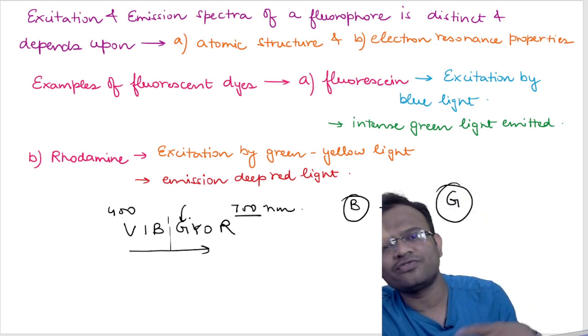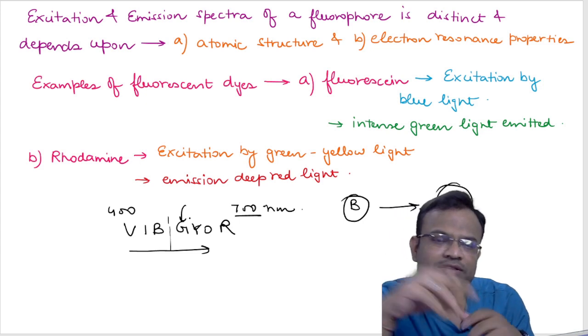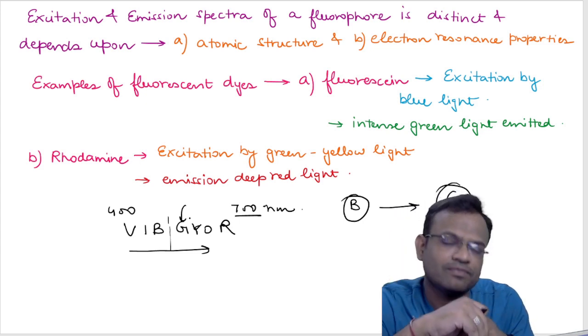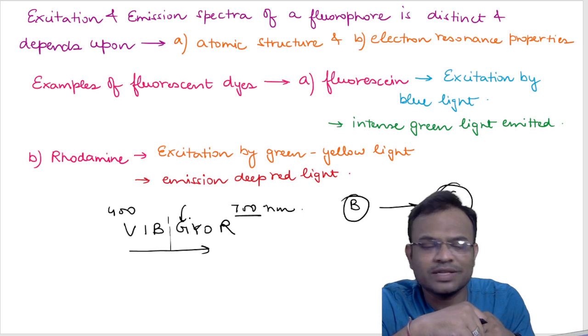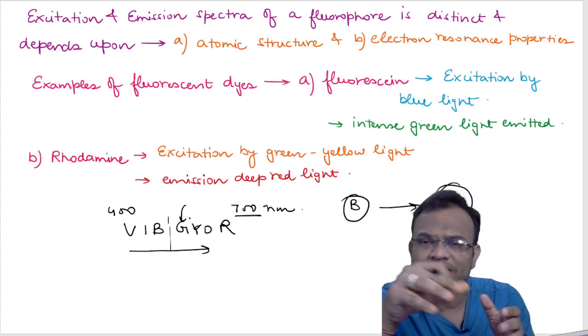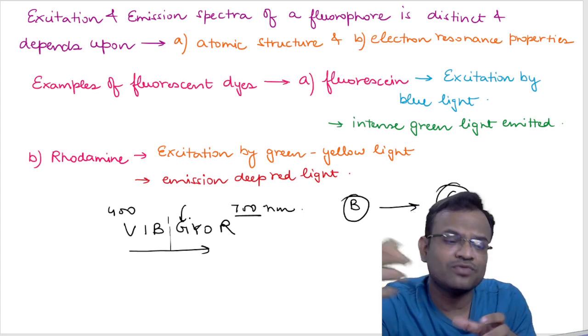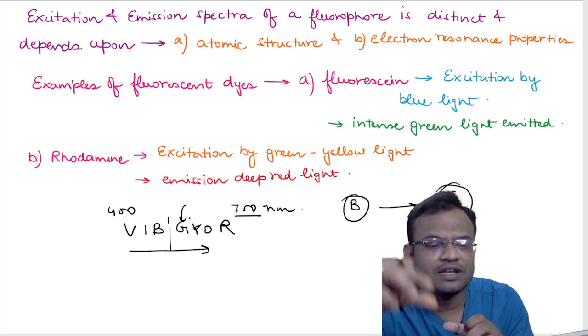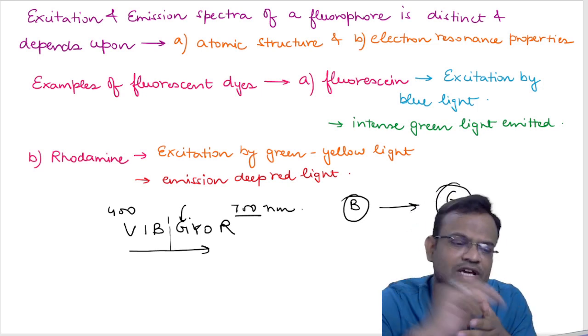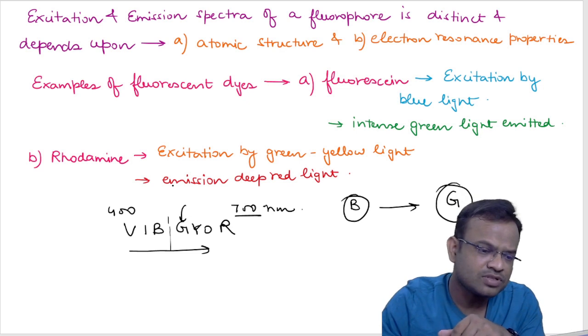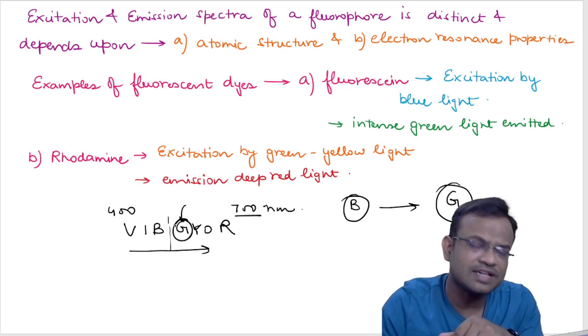So this was about the first fluorophore, fluorescein. Let us talk about the next one, that is rhodamine. In case of rhodamine, the light that you are using for excitation purpose is greenish yellow, right? So suppose this greenish yellow is used as an incident light.